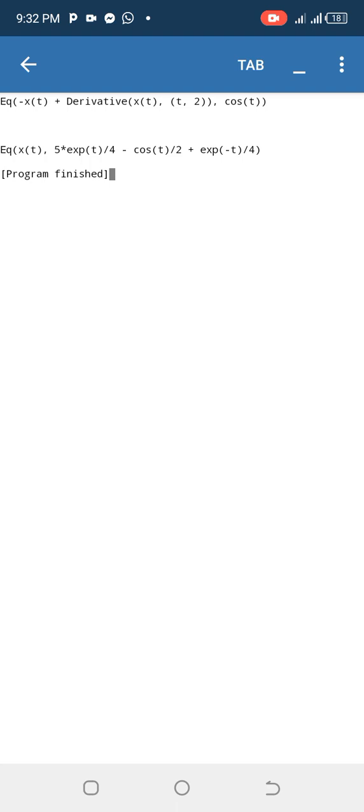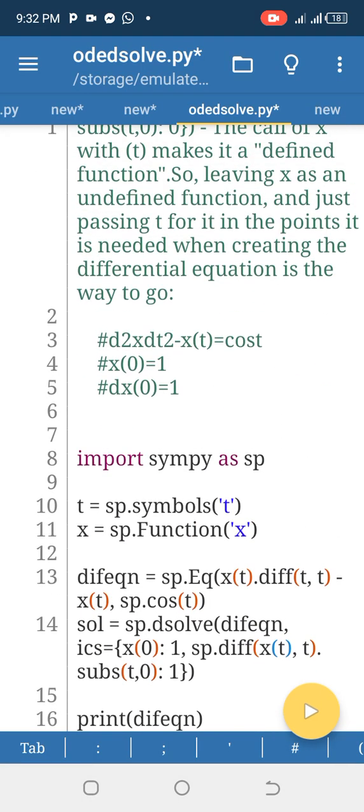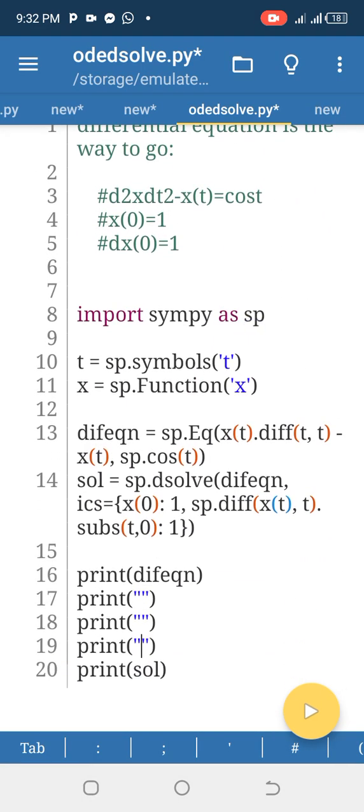So this is how we can solve differential equations given the initial conditions. We are able to produce the general solution of the differential equation using the function dsolve, and also using ICS, which is the initial conditions, a dictionary of key and value.